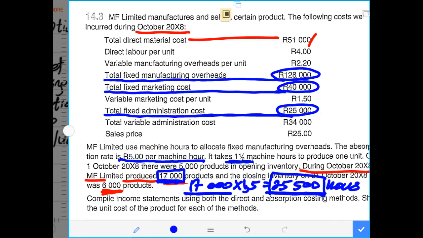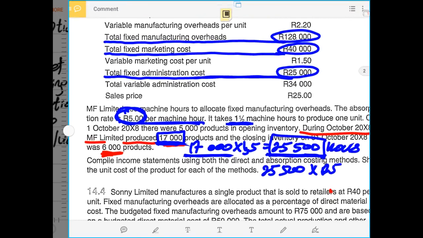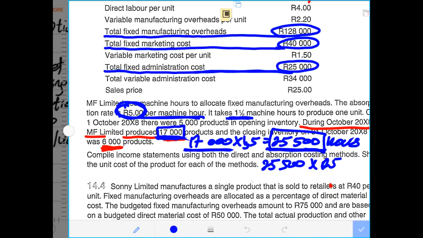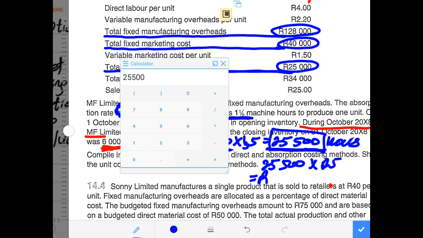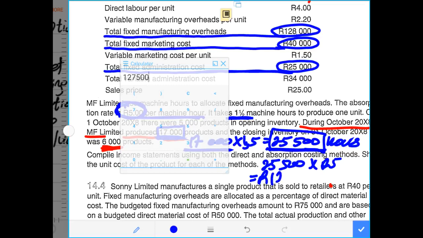Then we take the machine hours and multiply that by the 5 rand per machine hour. That will be 25,500 times 5 rand, and this will give us the applied fixed manufacturing overheads, which is 127,500.